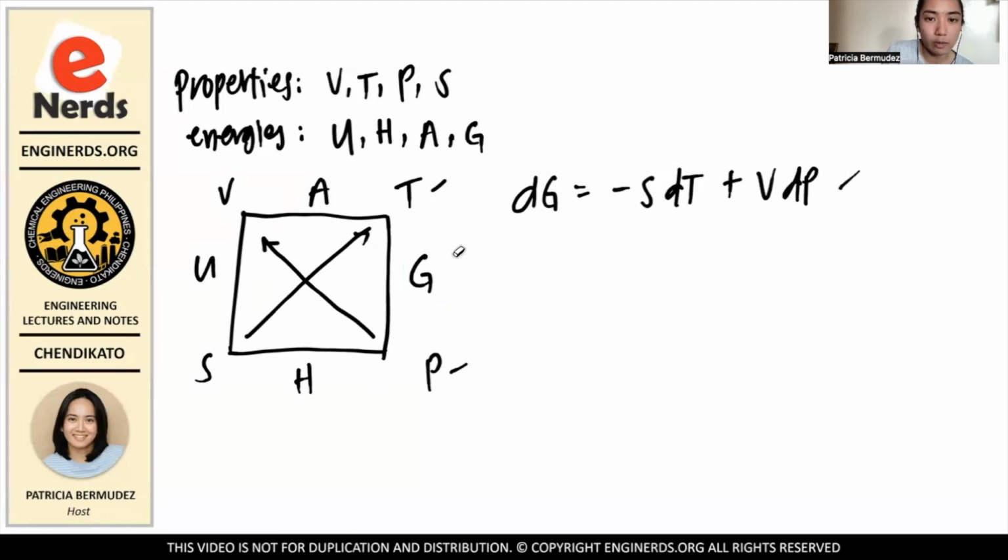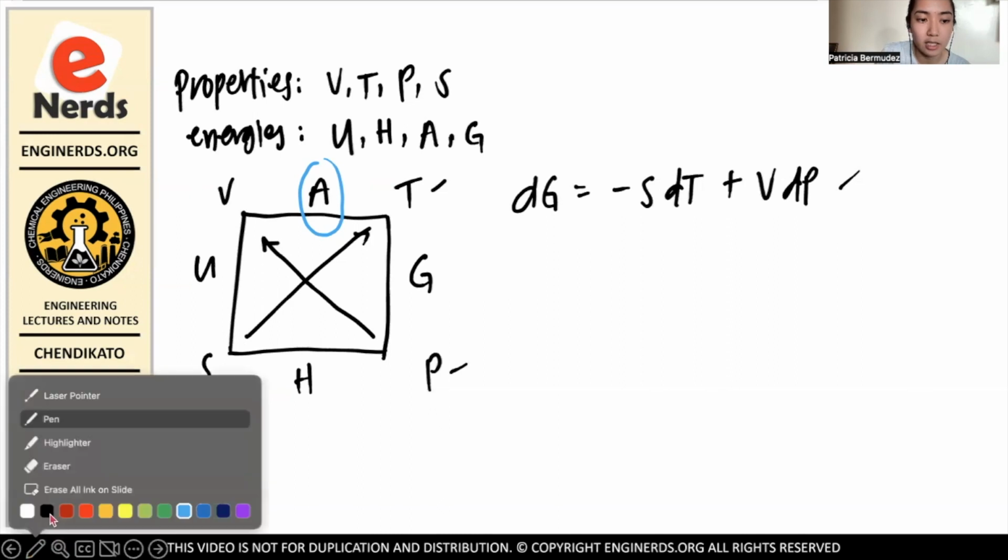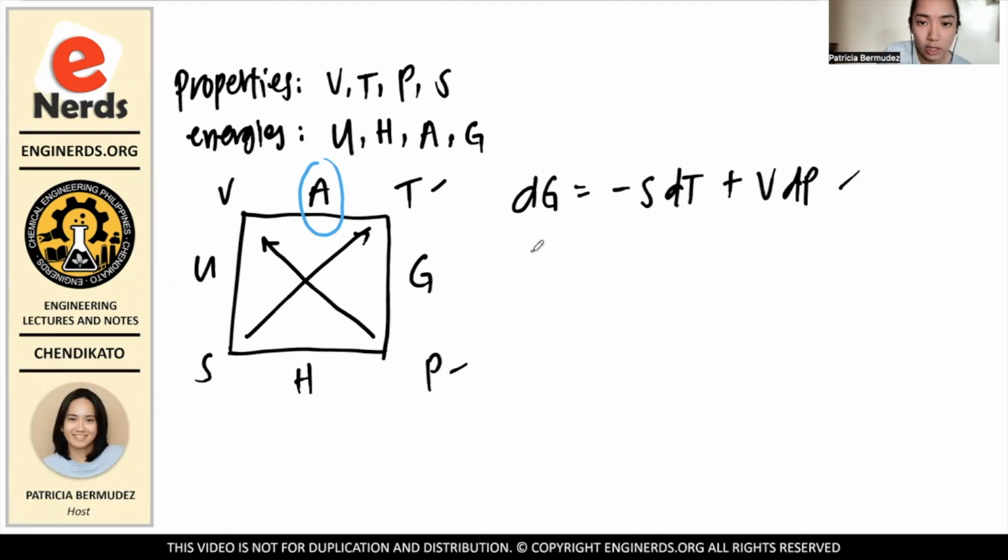And next, we're going to focus on, let's say, Helmholtz free energy. So, where is our Helmholtz connected? Or where is it in between? It is in between V and T. So it means to say that the change in Helmholtz free energy is a function of temperature and volume. So these functions, temperature and volume, are what change when we're talking about Helmholtz free energy. And then let's start with T again. You begin at T, right?